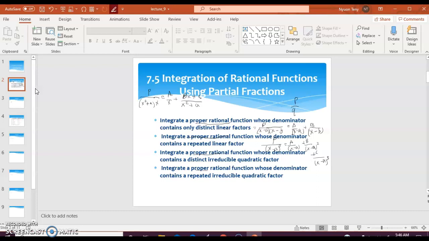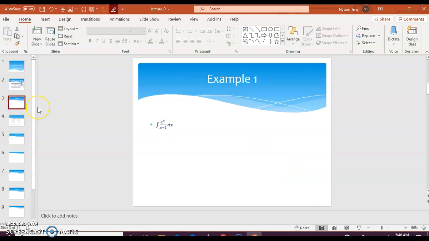Okay, we'll see everything here. First of all, they asked me to integrate this type of function. This is a rational function. So the first thing I need to know is whether this rational function is a proper rational function.